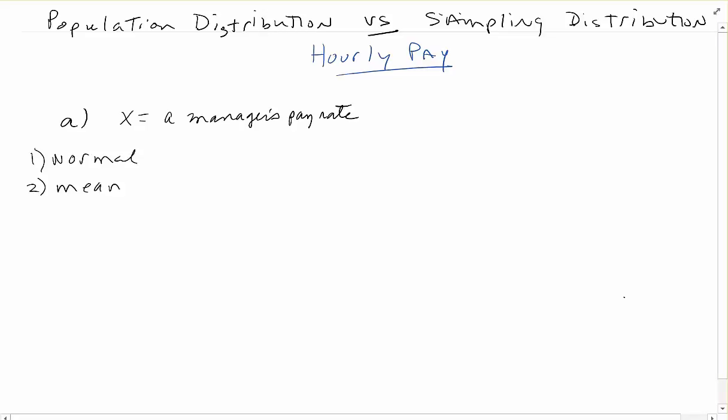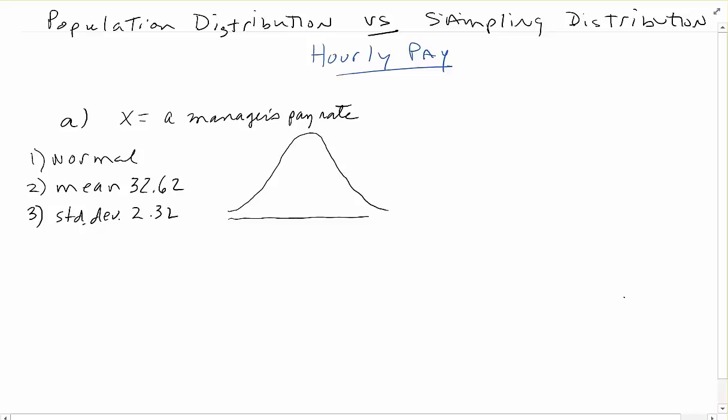We're given the mean at $32.62, and we're given the standard deviation as $2.32. Now, this is actually a problem that we did in the last chapter.